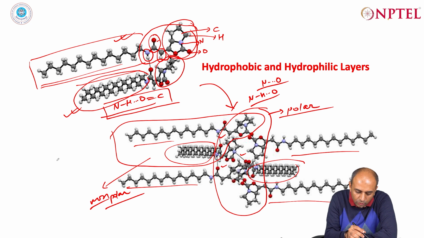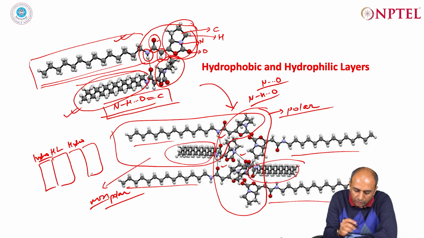So essentially, when you have a molecule which has a hydrophobic part and a hydrophilic part, the hydrophilic part tends to associate together. So say this is the hydrophilic layer, and then you have got the hydrophobic layer, and then this can again repeat with the hydrophilic layer.